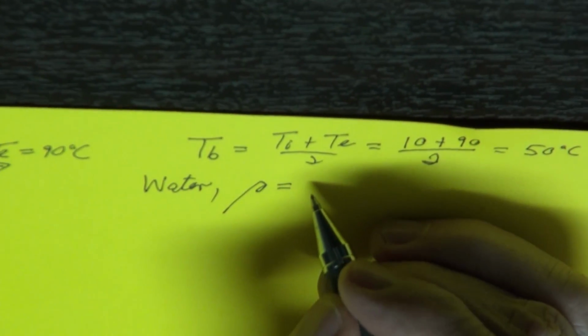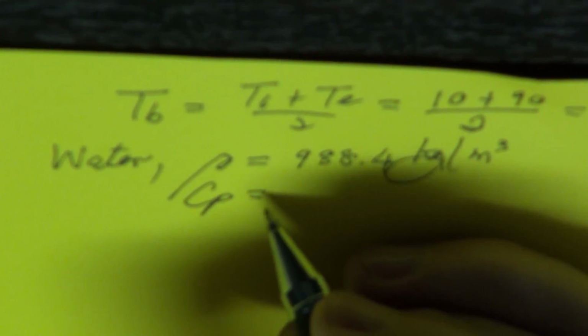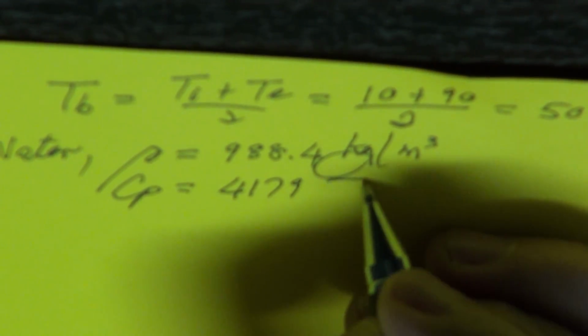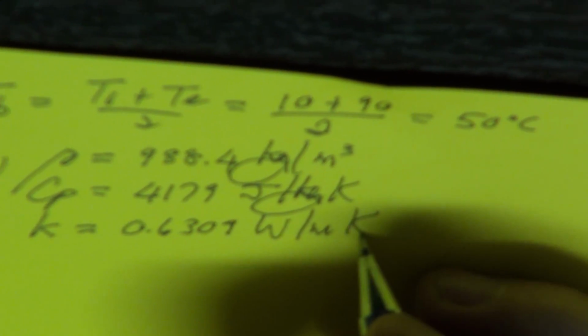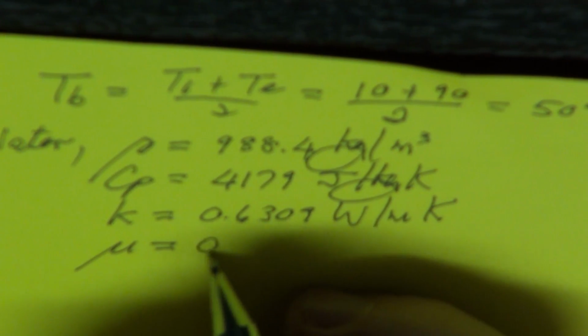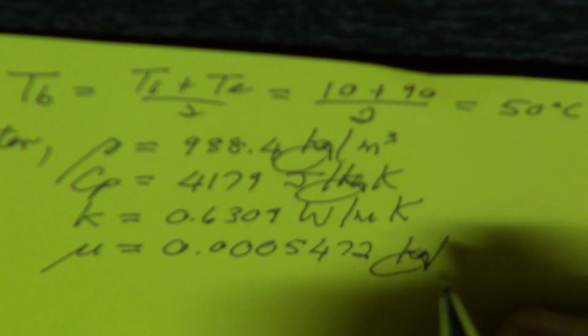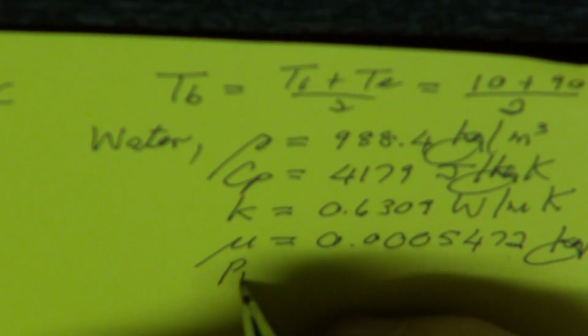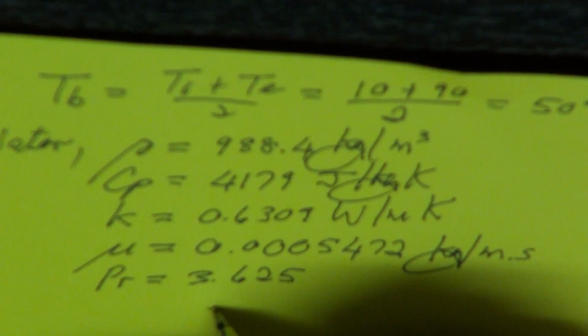The properties that I obtained were firstly the density, which is equal to 988.4 kilograms per cubic meter, the Cp value, which is equal to 4179 joules per kilogram Kelvin, the thermal conductivity k, which is equal to 0.6309 watts per meter Kelvin, the viscosity, which is equal to 0.005472 kilograms per meter second, and then lastly the Prandtl number, which is equal to 3.625. So these are the properties of water taken at the bulk temperature, which is the average between the inlet and outlet temperature.